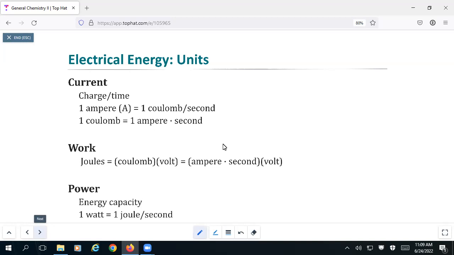Well, if I do that same thing here with power, a watt is a joule per second. Well, a joule is amps times seconds times volts. So if I combine them, seconds cancel out. We can also talk about this in terms of amps times volts if I wanted to get into a discussion of power that way.